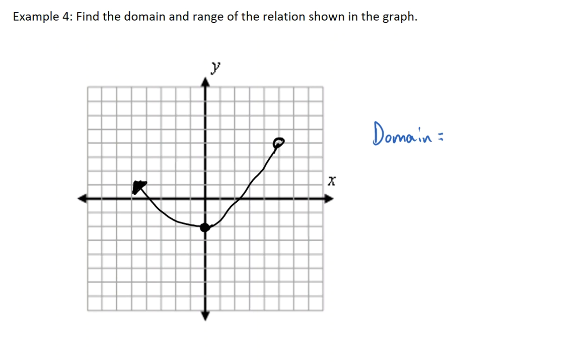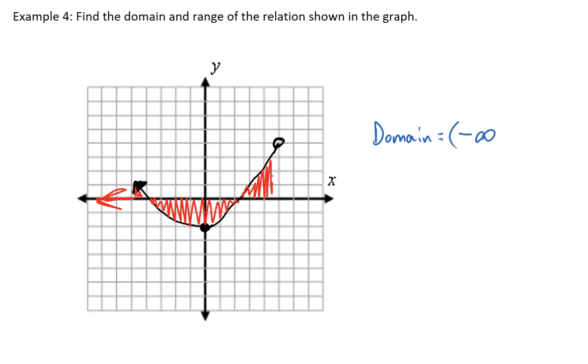For domain, we want to look at how the graph goes back to the x-axis, and so that's going to be starting here. This is an arrow, and so we're always going to read an arrow like it's going forever in that direction. So that's basically going to be for our domain pointing to -infinity. Then we'll continue to have x values all through here.